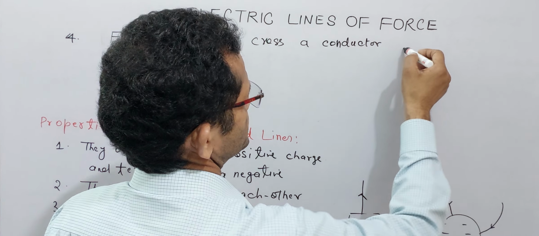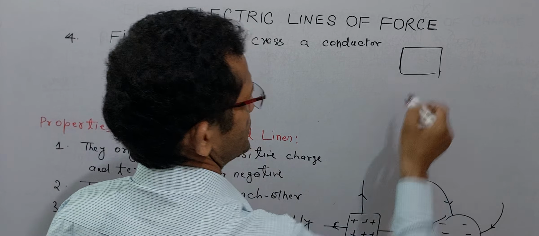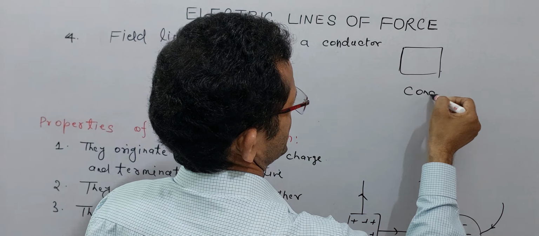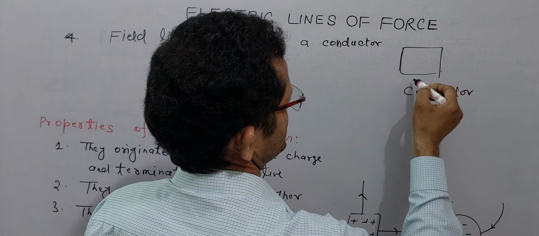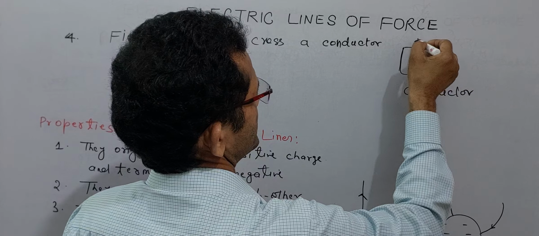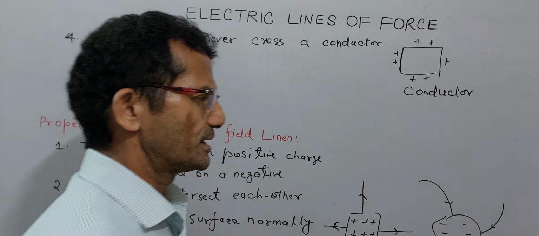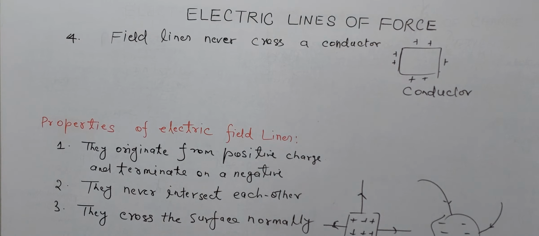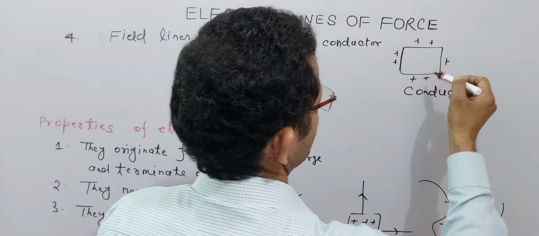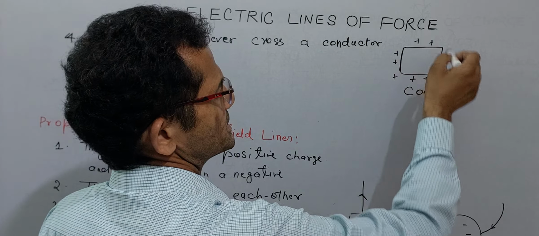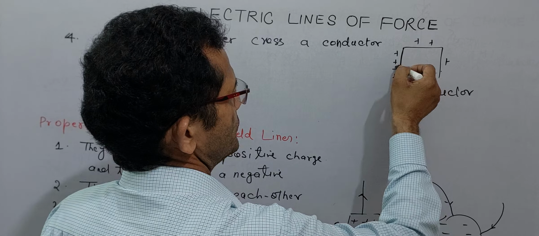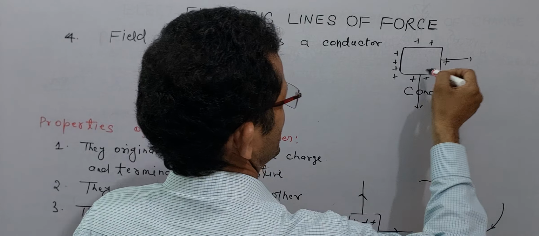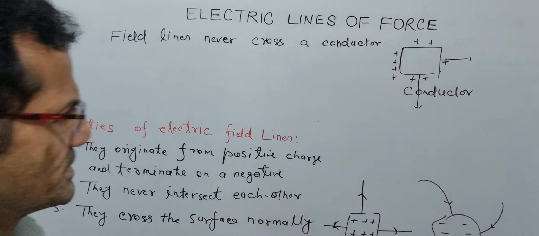This is a conductor, whether it is hollow or solid. If this is made of metal, it is like a conductor. If I give some charge to it, suppose positive charge, the positive charges remain on the outer surface of this conductor. They originate electric field lines which never cross this conductor. They just come out normally, but they never cross this one.